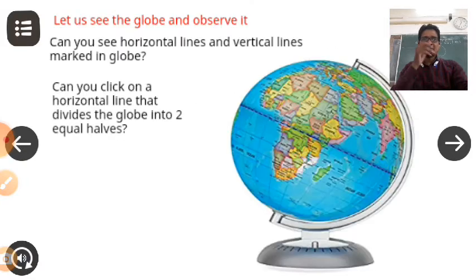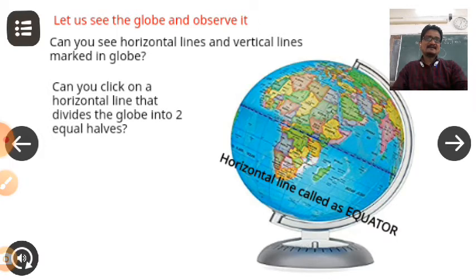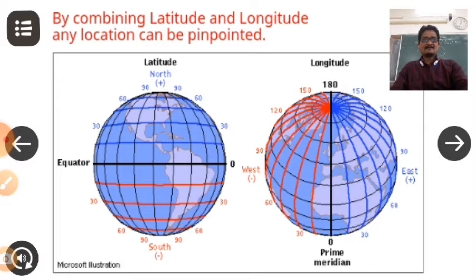Then, can you see the horizontal and vertical lines marked on the globe? See here, the horizontal line is called the equator.